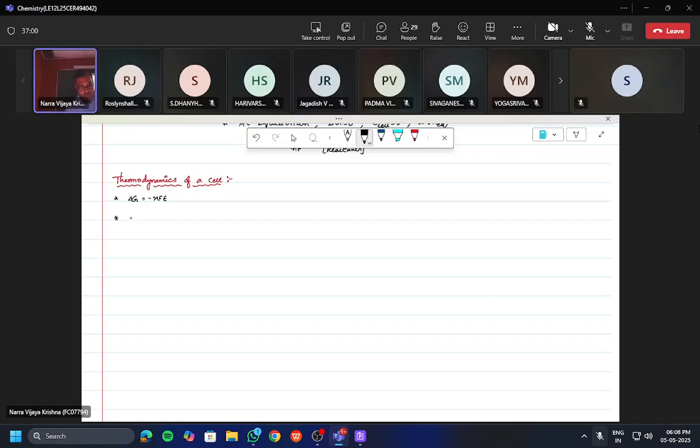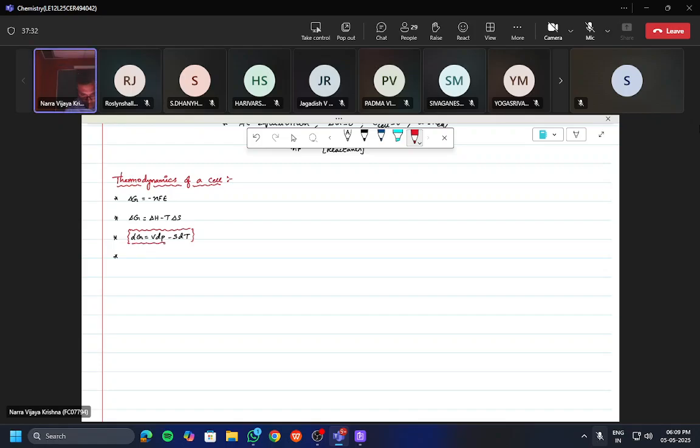Already we know one more equation: delta G equal to delta H minus T delta S. And we have seen one more equation also: dG equal to VdP minus SdT. You don't know this? One minute then, this we will discuss.